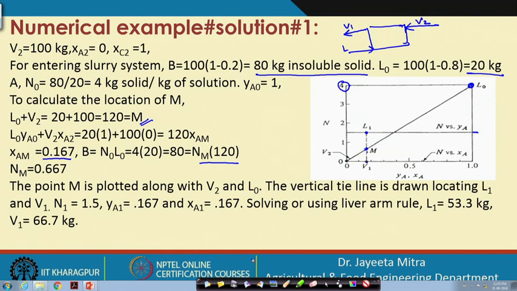So, this will be the M or mixing point, for which N M will be 0.667 and the X A M will be 0.167. Okay. So, using the lever arm rule, we can get L 1 as 53.3 kg and V 1, that is the solvent, as 66.7 kg.